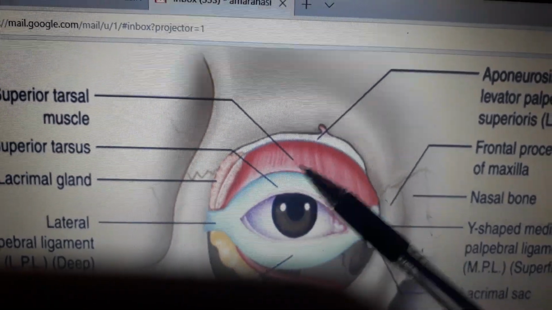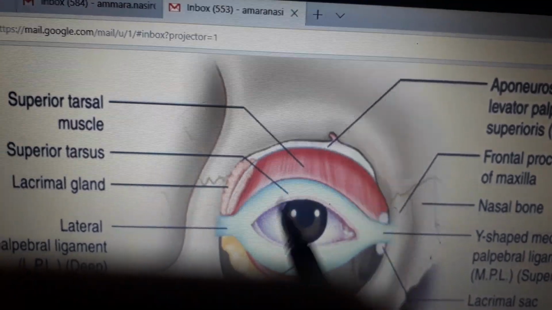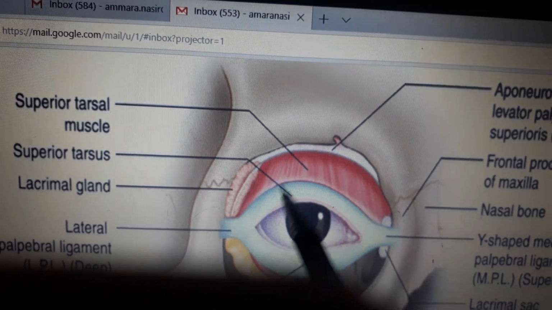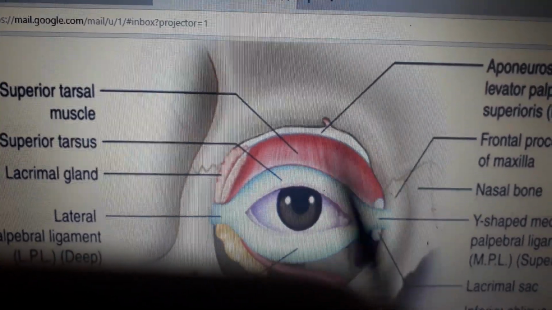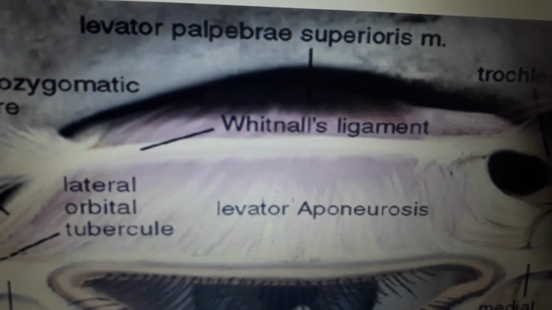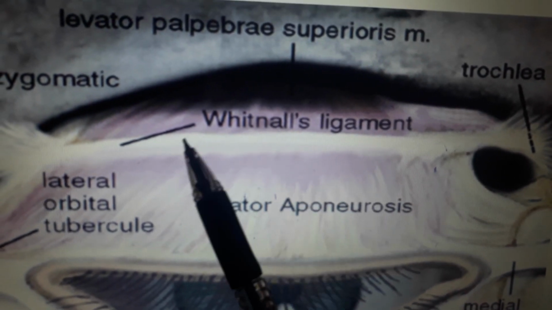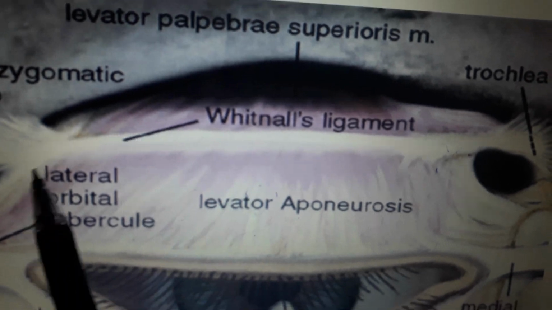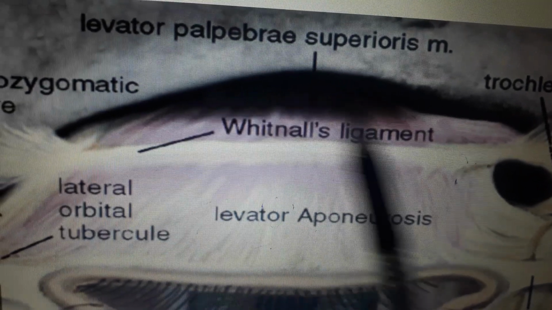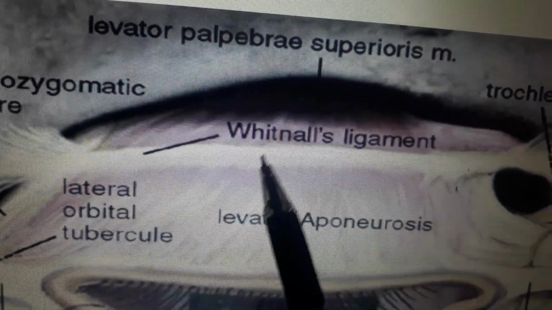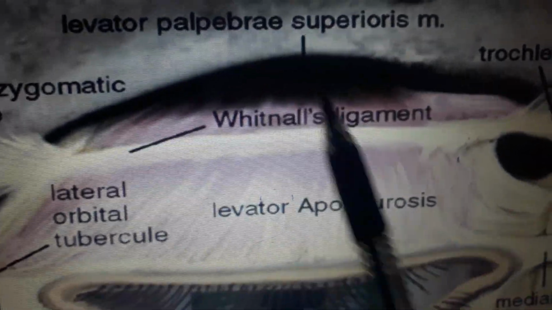The tarsal plate is covered by smooth muscles, and these smooth muscles are the superior tarsal muscles. From a surgical point of view, the Whitnall ligament is more important. Its appearance is white.